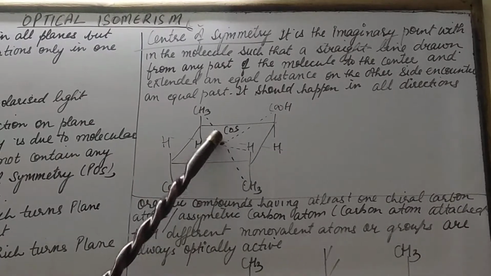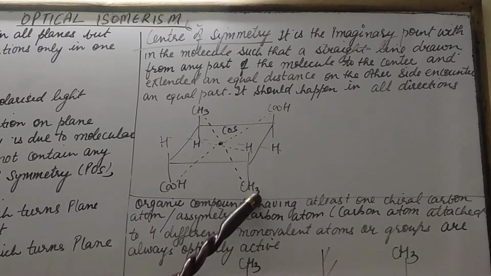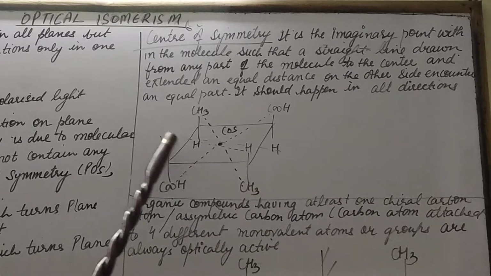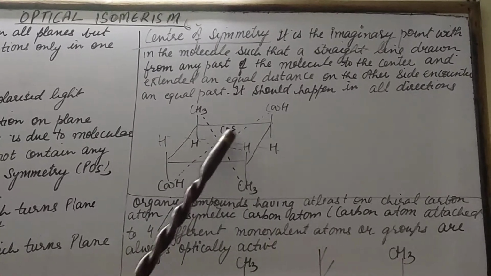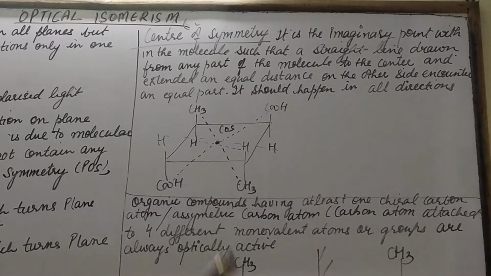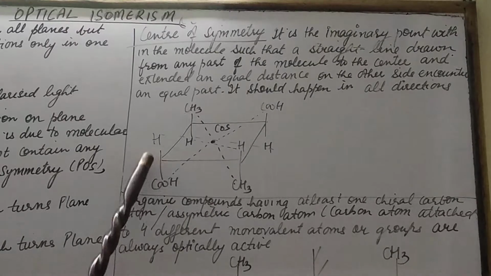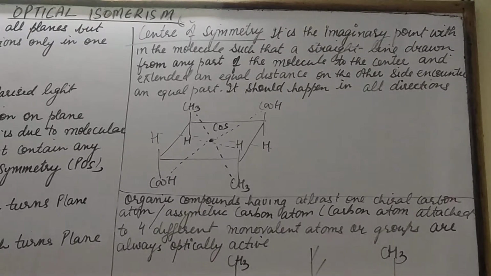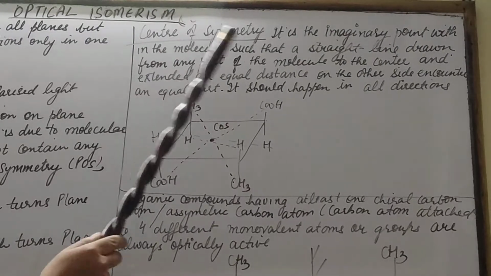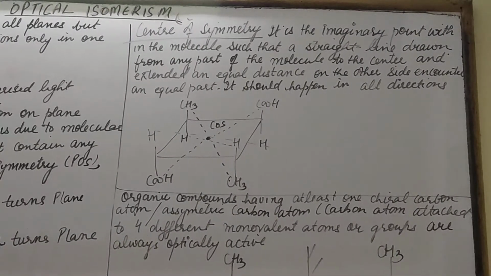If I move in this direction, I encounter methyl, and in the opposite direction also I encounter methyl. The same is the case with hydrogen, and for these carbon atoms also. This center of symmetry is seen in rings with an even number of carbons. So if any molecule has a plane of symmetry or center of symmetry, that molecule will be optically inactive.